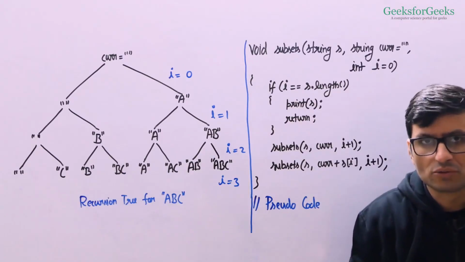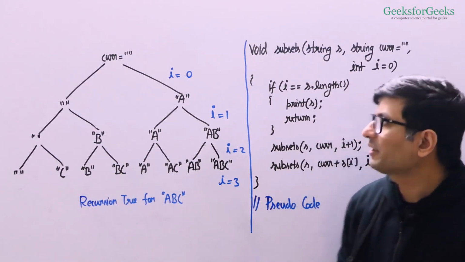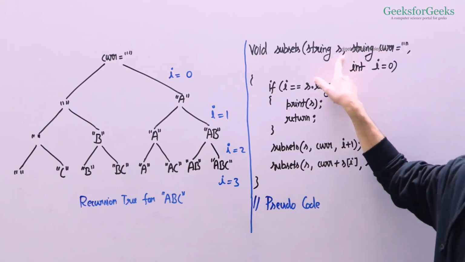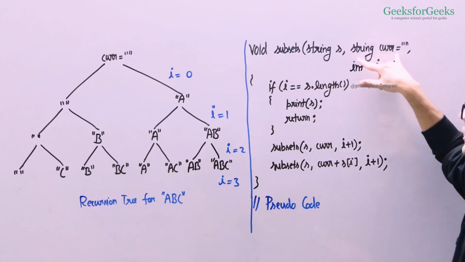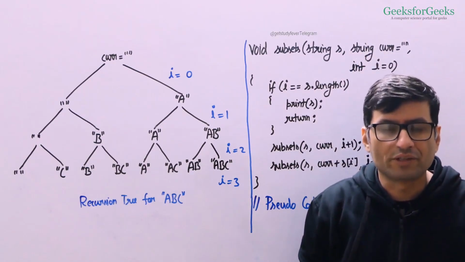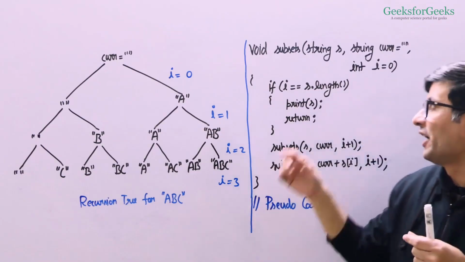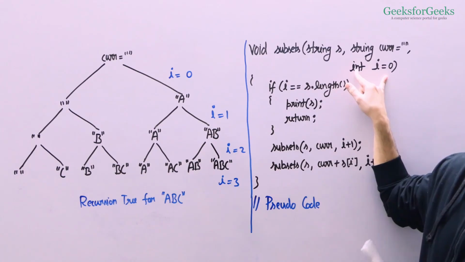Here is complete pseudocode for generating all subsets. As I've discussed earlier, we are passing a string s as parameter, current as another parameter which is initially passed as empty. So this is more of a C++ style syntax. In C++ you have default arguments, and index i is also initially passed as 0.